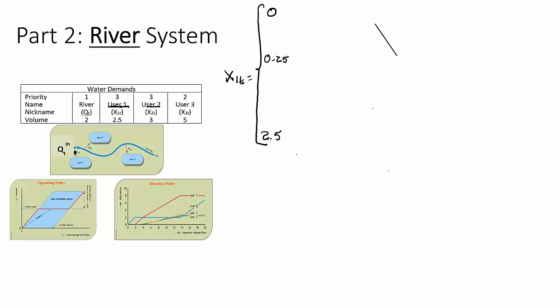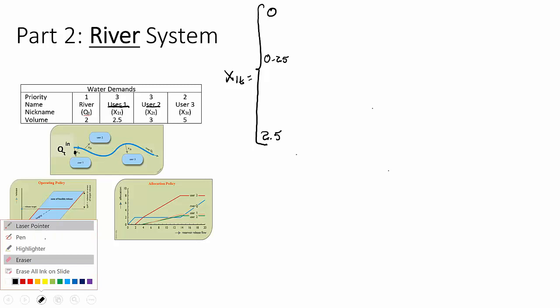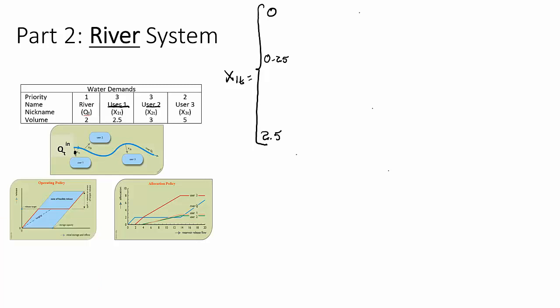Okay, so when can it receive only 0? So it can receive 0 when, again, if the water available, and we've been always playing with this water available, Q in, is less or equal than what? Less or equal than 7.